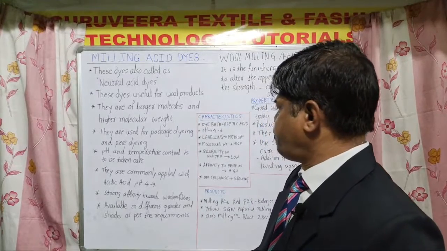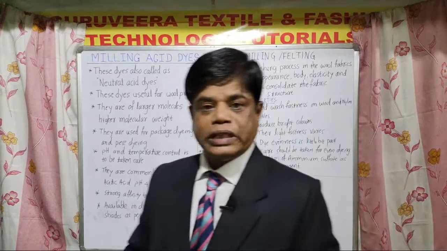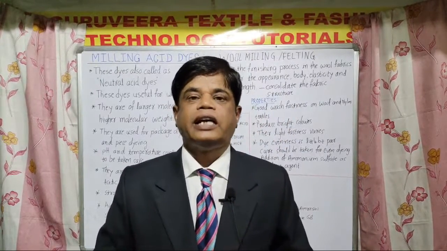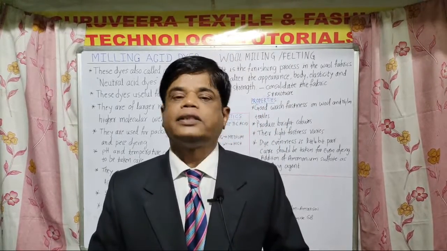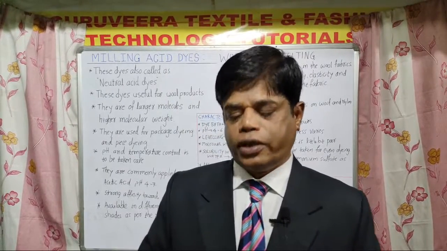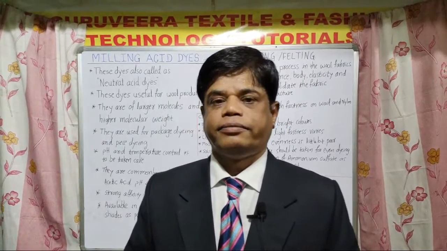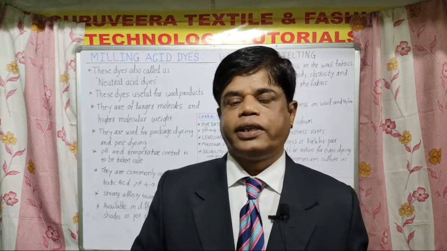Okay, they are commonly applied with acetic acid at pH 4 to 7. I already told in the starting, acetic acid is used. Sometimes, in a rare case, sulfuric acid, H2SO4, was used, but it is recommended to use acetic acid with a pH of 4 to 7. 7 is neutral, 4 is acidic.